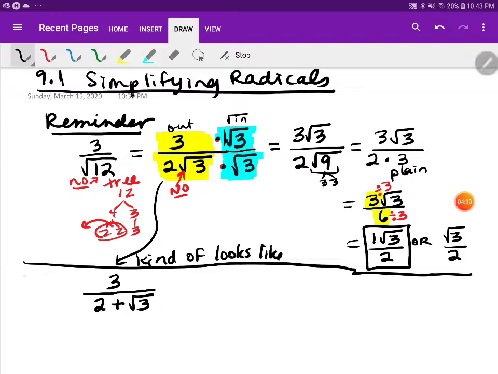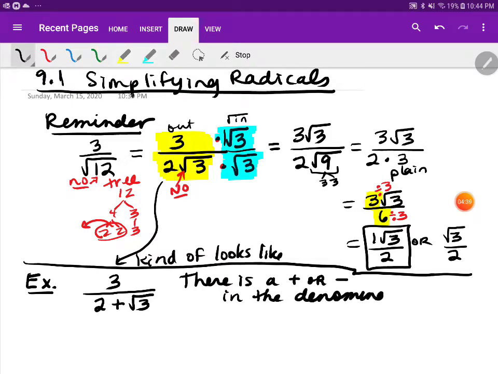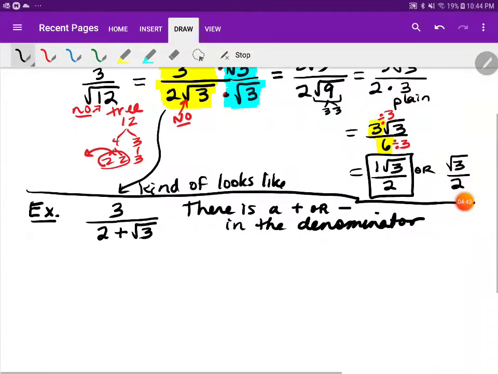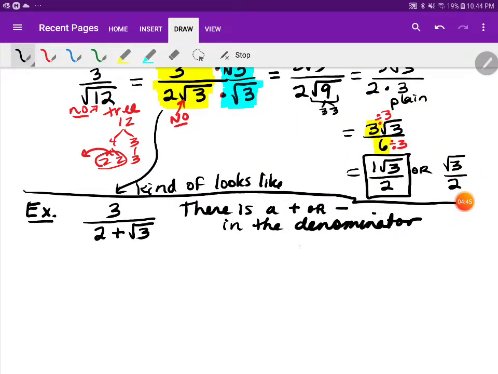Okay, so this is our first example for today. So we're going to write this. There is addition or subtraction in the denominator. So over here to the side, we're going to write investigate.